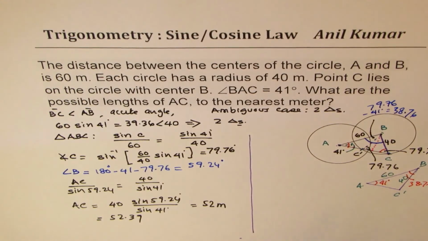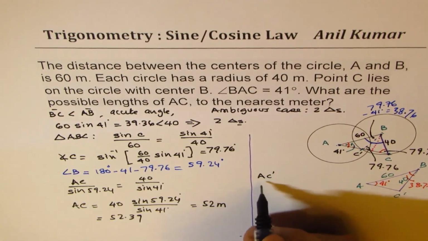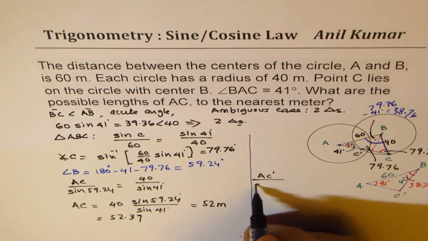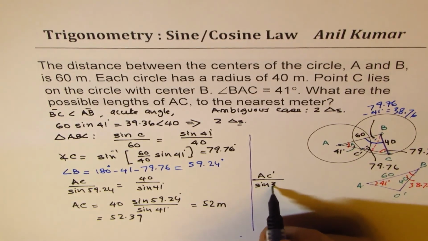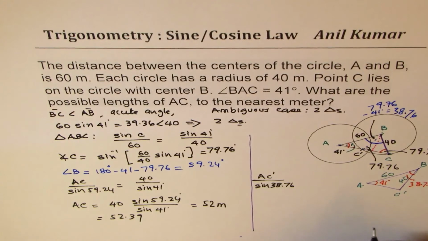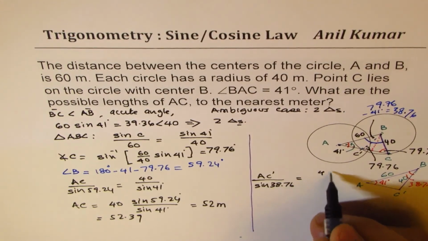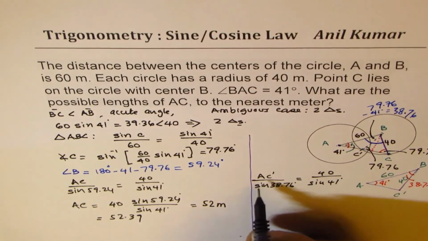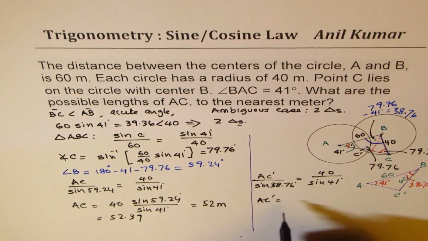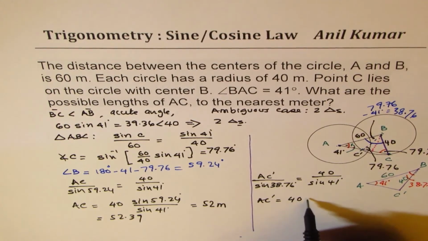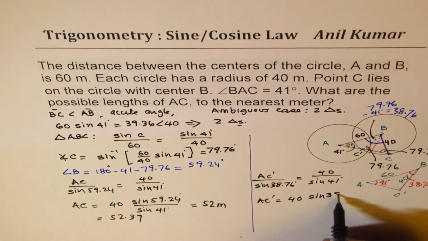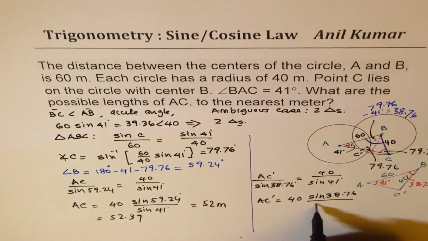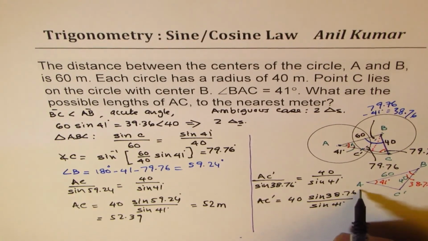In this triangle, since the small angle is now 38.76, same formula: AC dash over sine of 38.76 equals 40 over sine of 41 degrees. So AC dash equals 40 times sine of 38.76 over sine of 41 degrees.